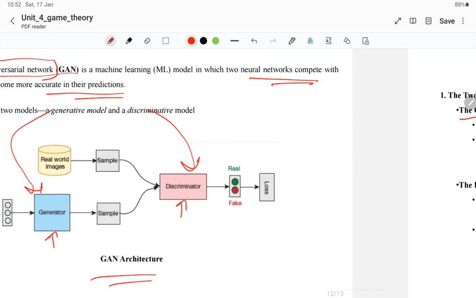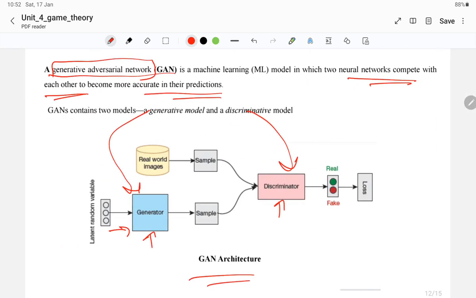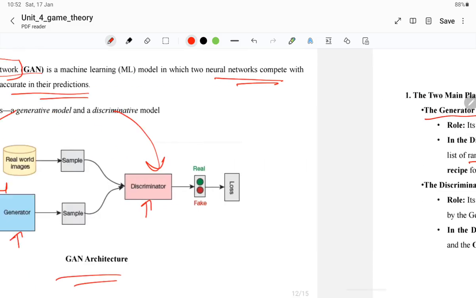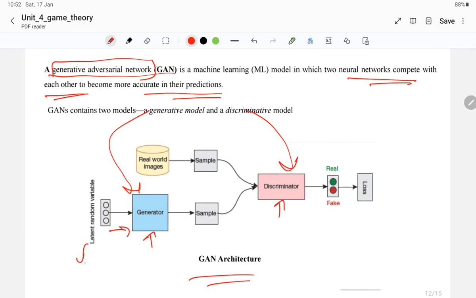In the diagram, the generator takes the latent random variable. Mathematically, a latent variable is just a list of random numbers, but you can conceptually think of it as a digital DNA or a recipe for the image. I apologize, it's a recipe, not a receipt.